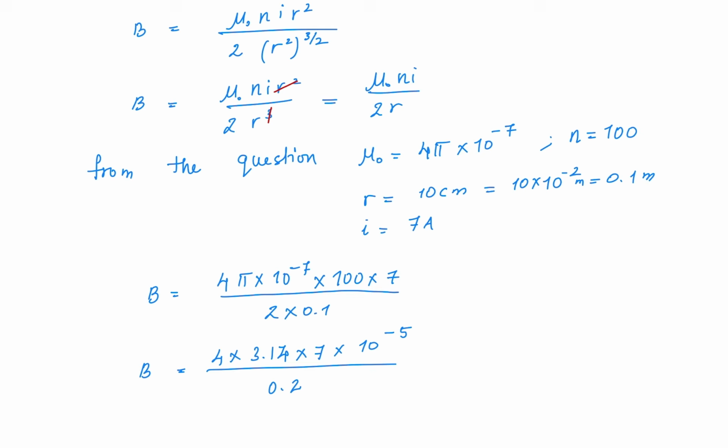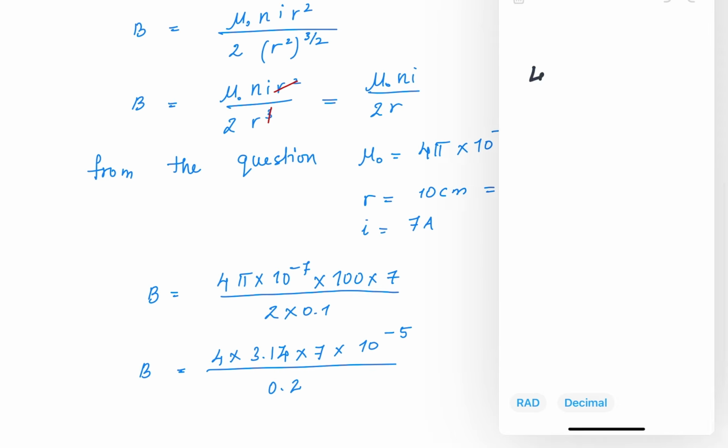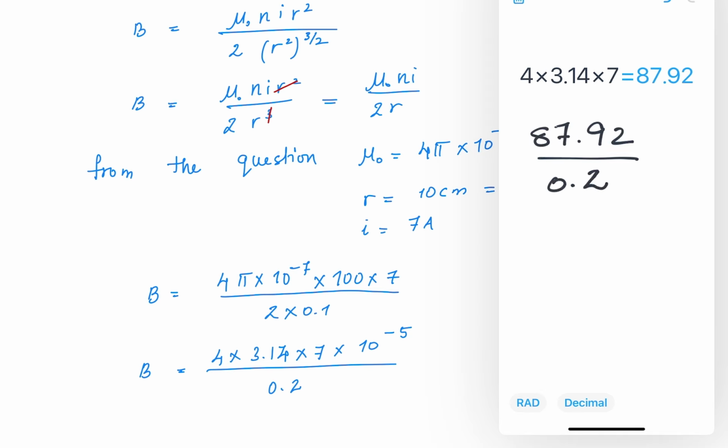After simplifying this, we will get somewhere around 4 point something. 4 into 3.14 into 7 gives us 87.92, divided by 0.2 will give us 439.6.